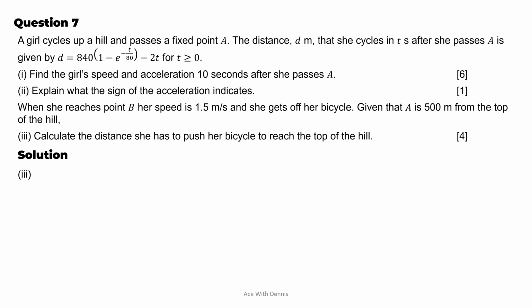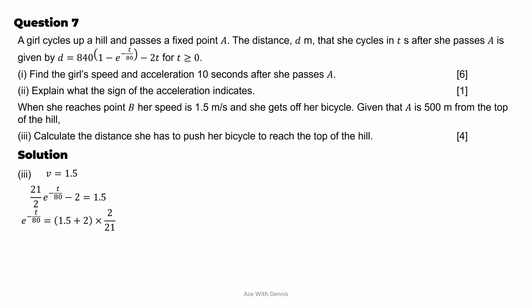The solution for part 3, given that the speed is 1.5. Hence, we substitute this value into the equation of the speed, which we get 21 over 2 e to the power of negative t over 80, minus 2 equals 1.5. Then we solve this equation to get the time when she reaches this speed.